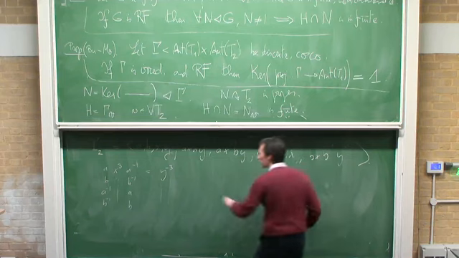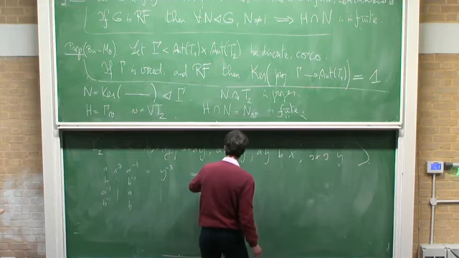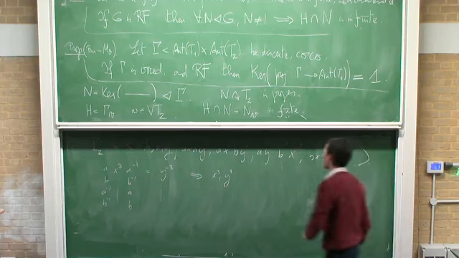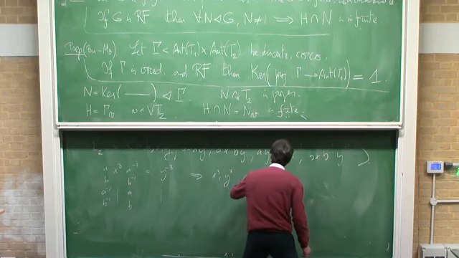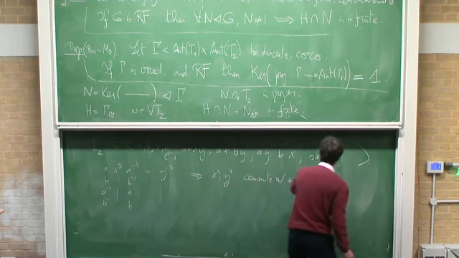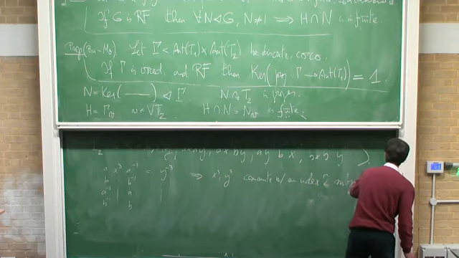Okay. So this means that actually both of these elements commute with an index 2 subgroup of AB.